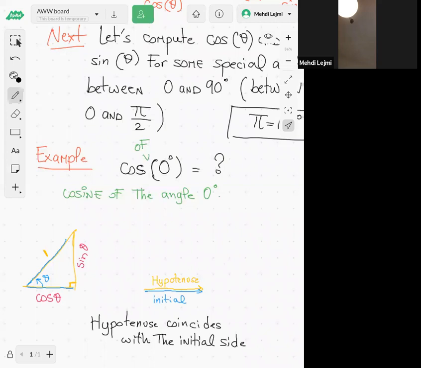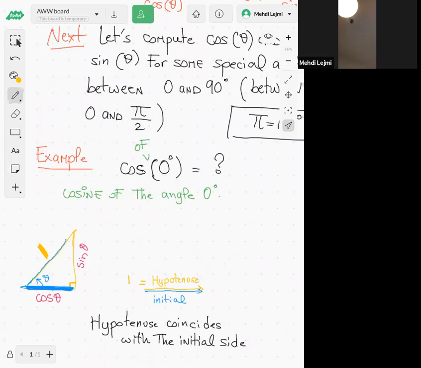All right. But remember, guys, the length of this side, that's my cosine of theta, right? Now, in my right triangle, the hypotenuse is supposed to be equal to 1. As you can see here, the length of the hypotenuse is equal to 1 unit, right?